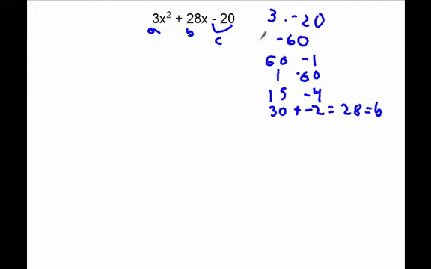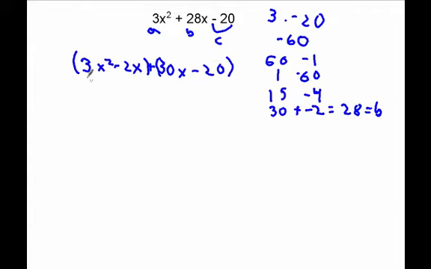So I'm going to go back here, and I'm going to rewrite my expression as 3x squared minus 2x plus 30x minus 20. All right, group these, first two terms, last two terms.